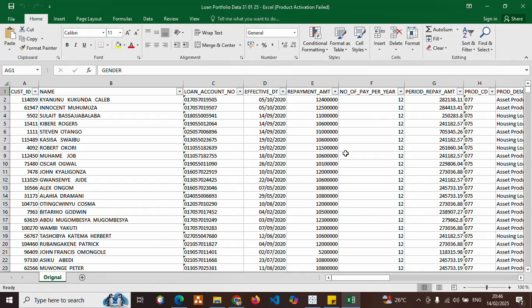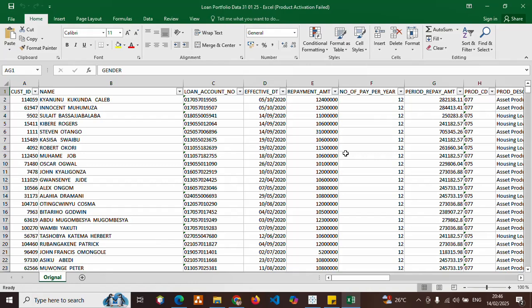Before coming up with the video to design a dashboard, I first extracted this data of loan portfolio from the bank, which I nicknamed Kash Bank.